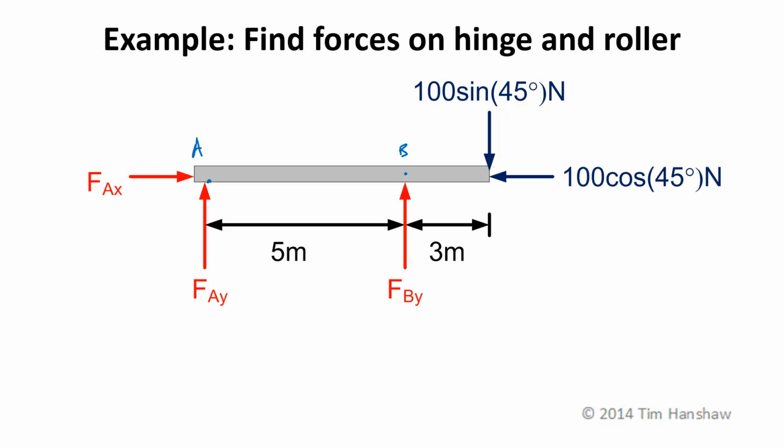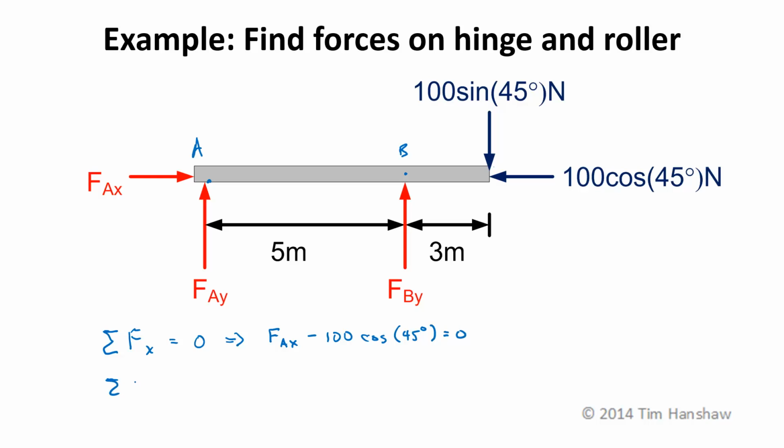Now let's write the equations governing this. So the sum of the forces in the x direction has to be 0 to keep this from moving. So positive to the right, Fax minus 100 times cosine of 45 degrees is equal to 0.